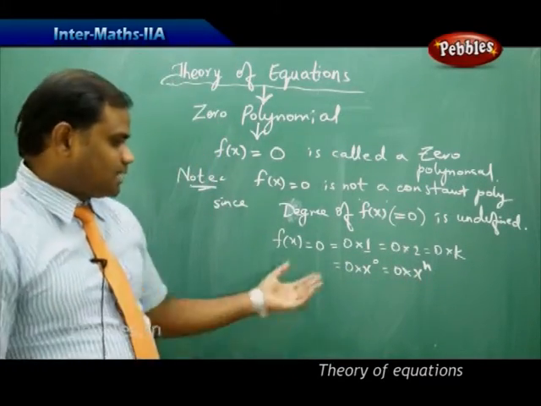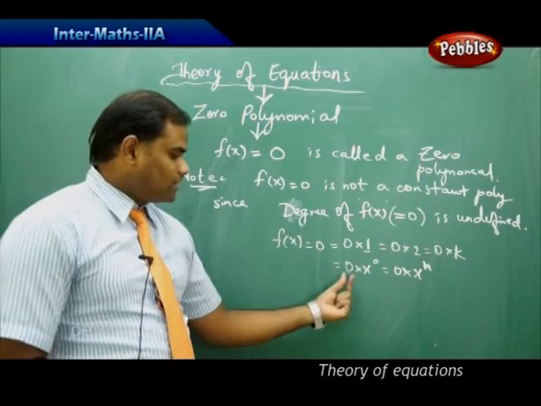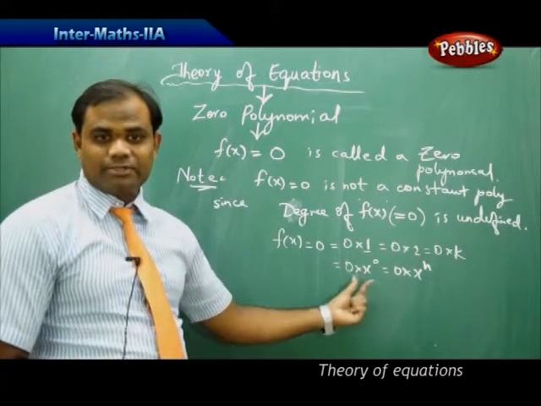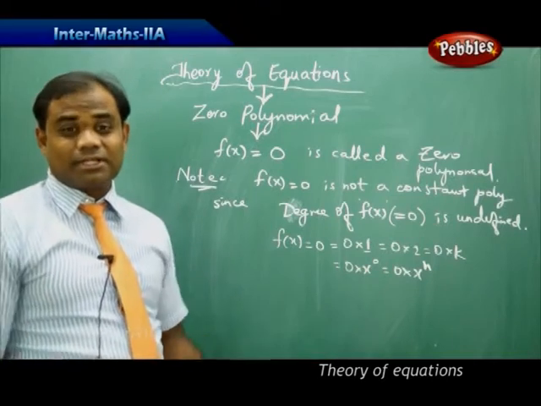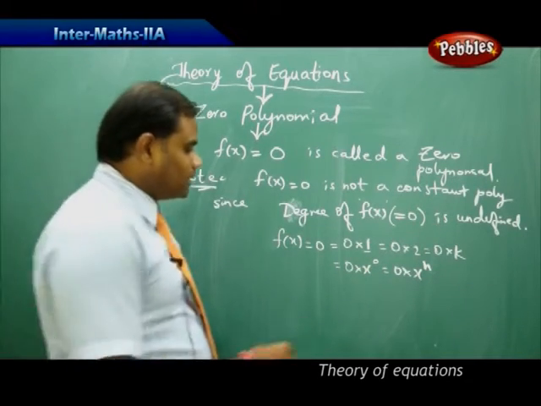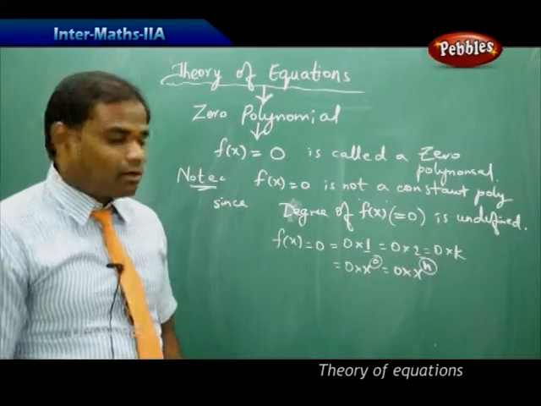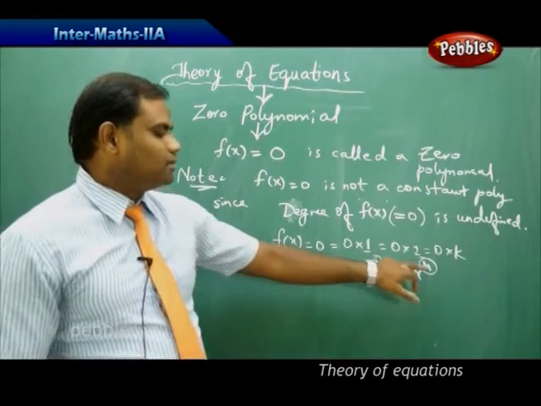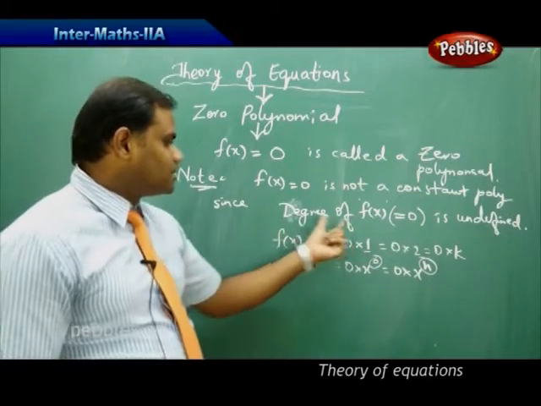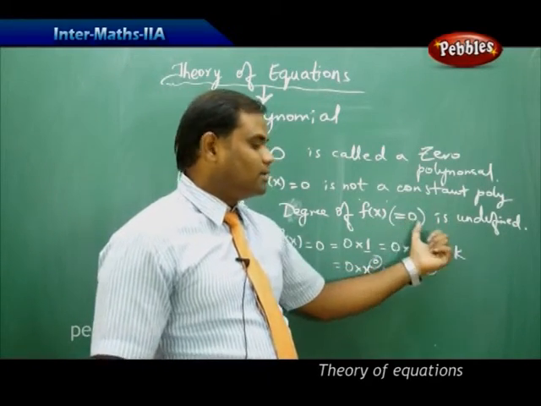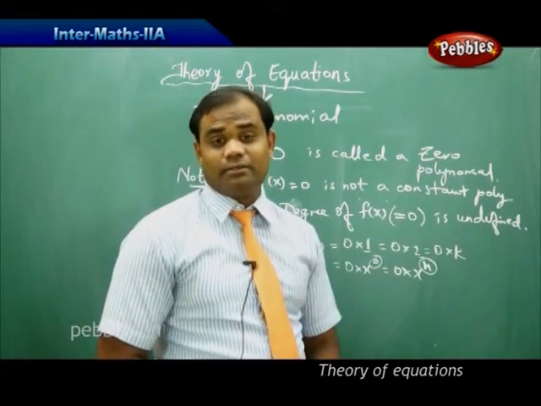So I cannot decide exactly what is that fixed value of x which I need to multiply to 0 such that I get 0. Therefore, it doesn't give me the exact understanding of whether the degree is 0 or n. Therefore, degree of f of x equal to 0 is usually undefined.